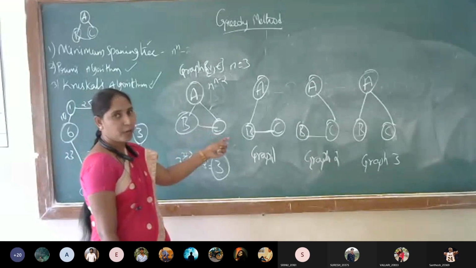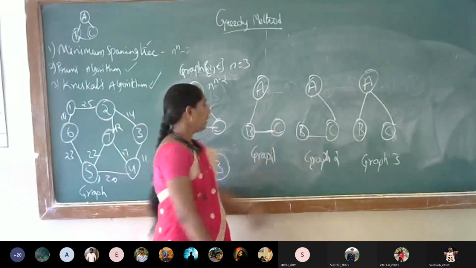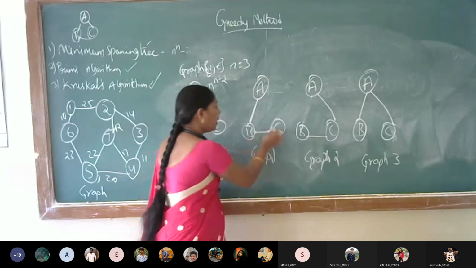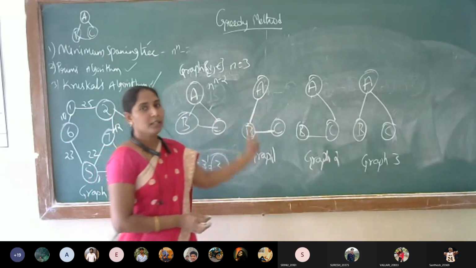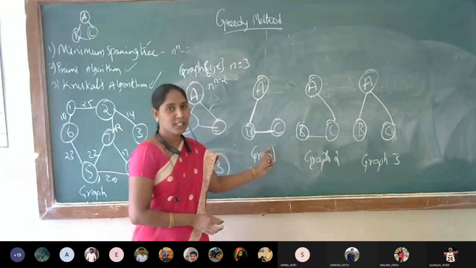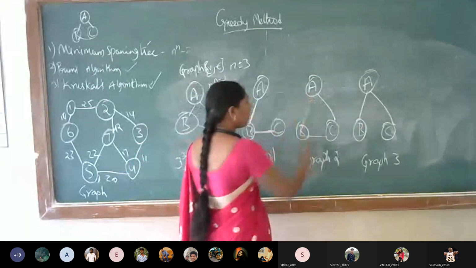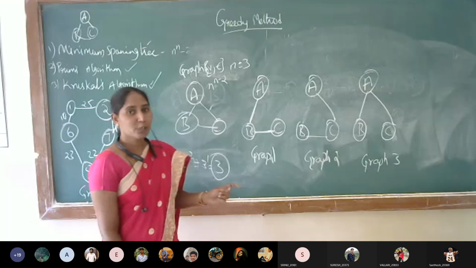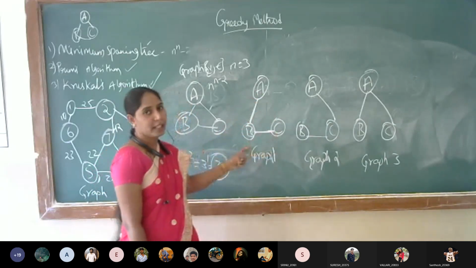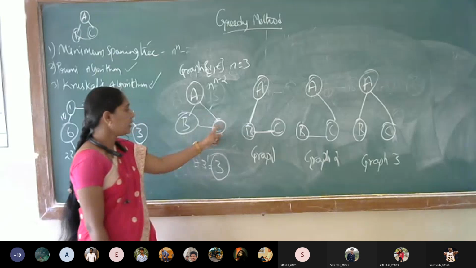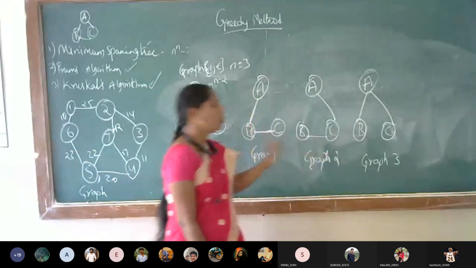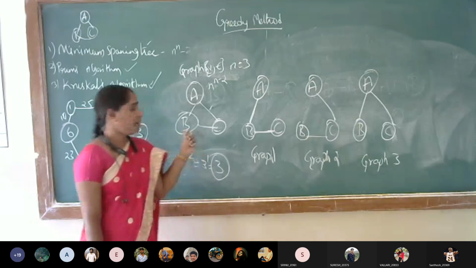So I should visit from A to C in one direction. First I'll be visiting from A to B and then B to C. So all 3 different vertices have been visited. That is the first graph. Then the second graph, where you can visit all these particular vertices: first I can visit from A to C and then C to B. That is the second graph.